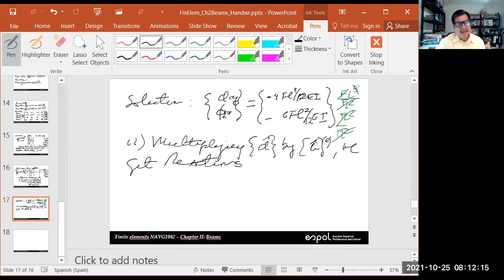Remember, the reactions are external forces in the points of support.